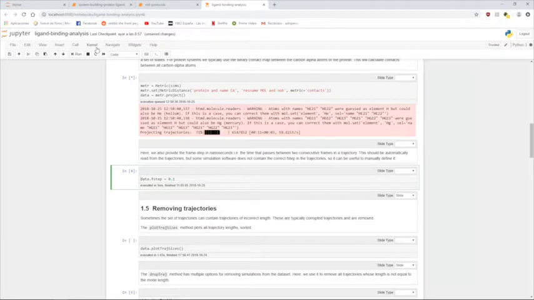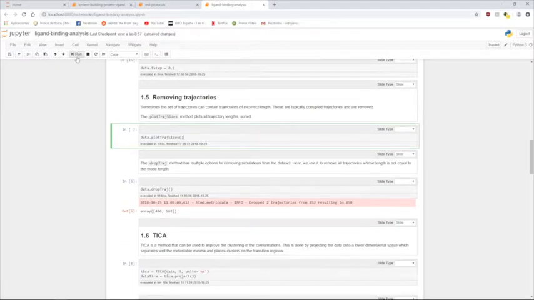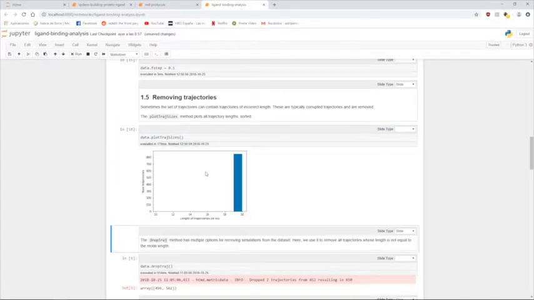It's just projecting all these coordinates into this contact metric. We'll set up the frame step of our simulation, and then we have this plot here, which plots all the trajectory lengths in our simlist. This is just to detect trajectories that might be shorter than what we specified, so they might have some errors, or the simulation might have had some problem.